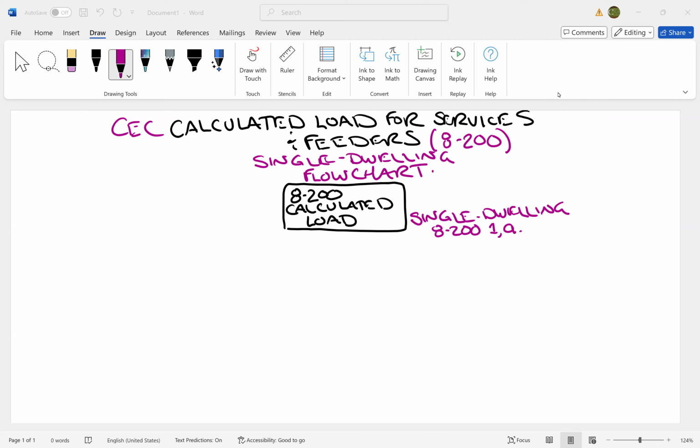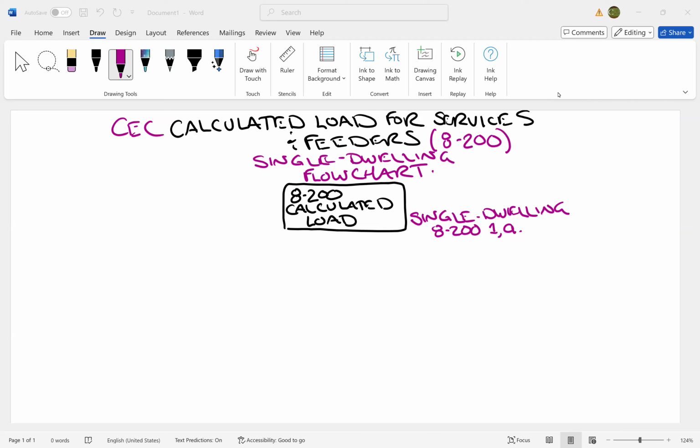Then you are addressing 8-200, 1A5, and going to have to do something about it. You are going to have to use 100% of their load. It's a 1-to-1 demand factor. You don't use anything less than that. All right.